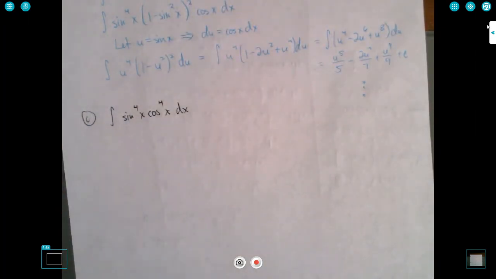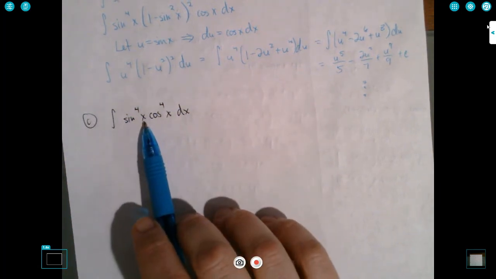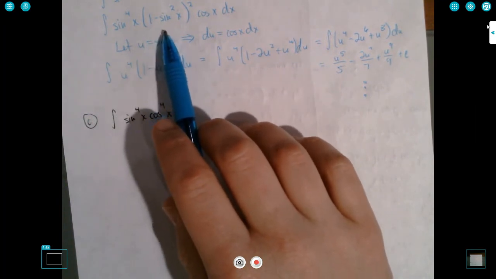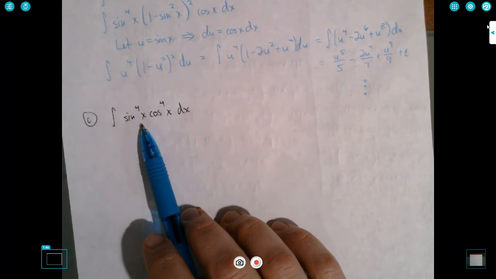What to do about this monstrosity? For these ones, you're going to use an identity, but you're not going to use the Pythagorean identity. The identity you're going to use is the power reducing identity.